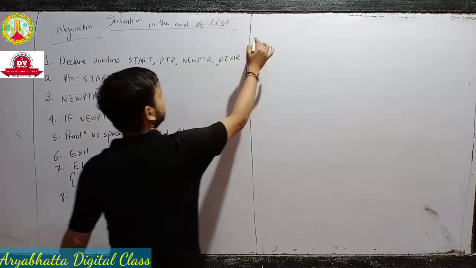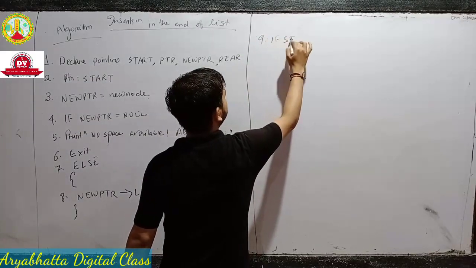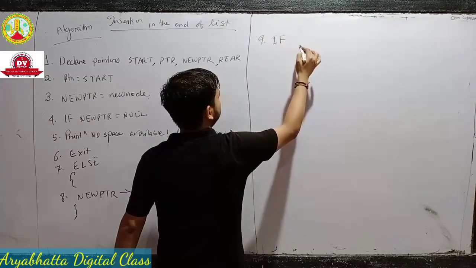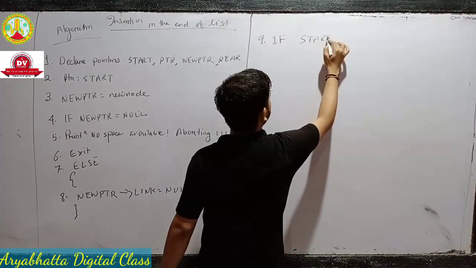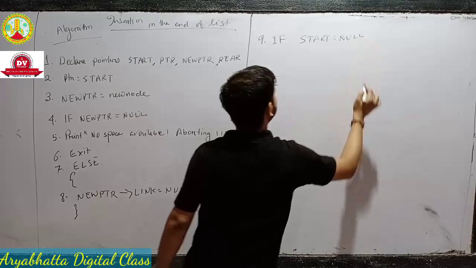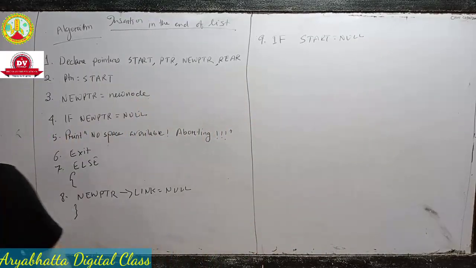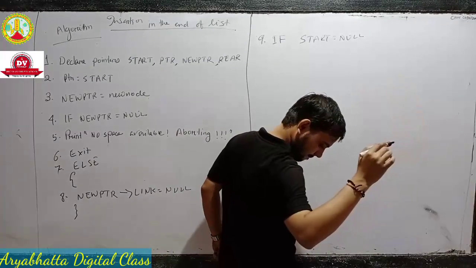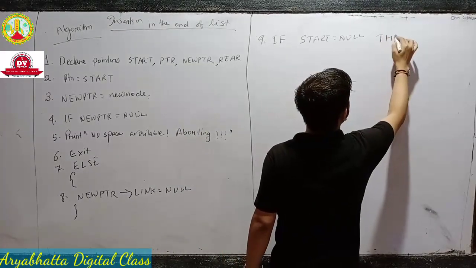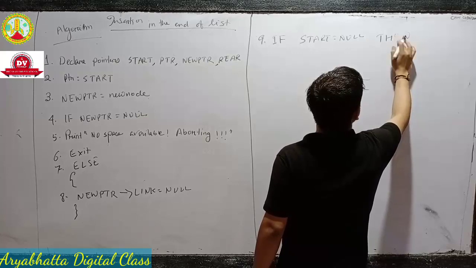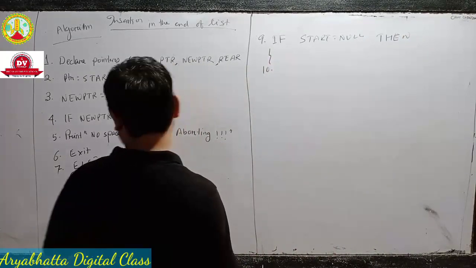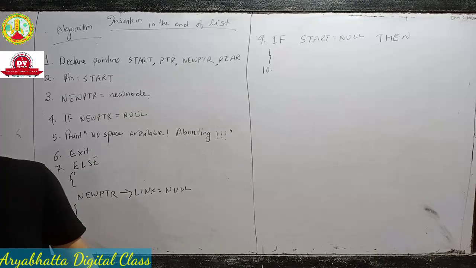Then, if start is equal to null, means the list is empty, then start is equal to new ptr.